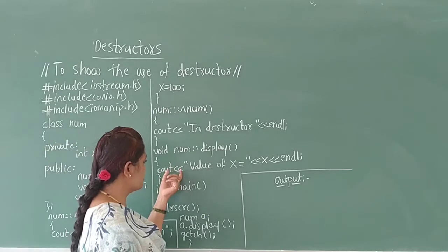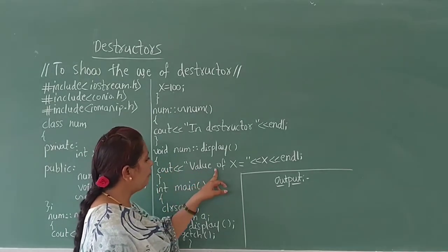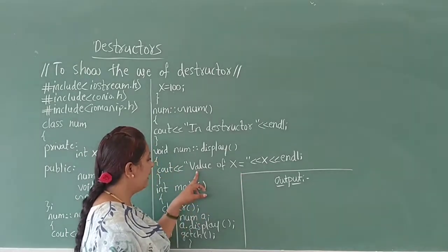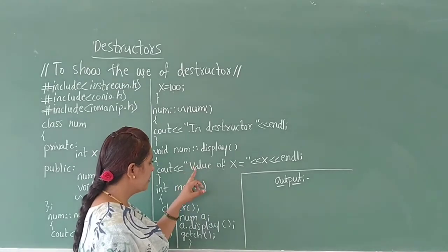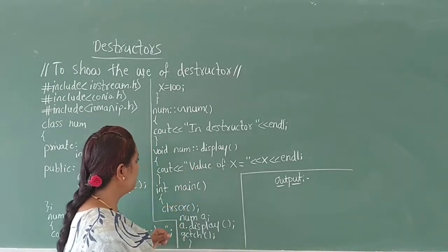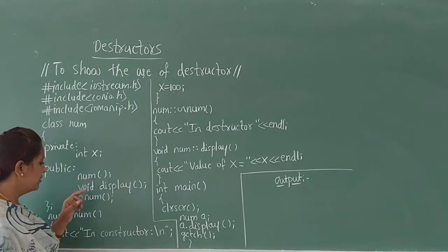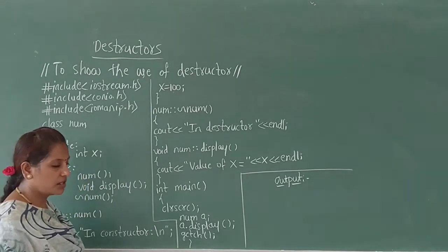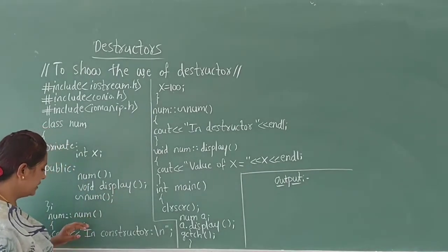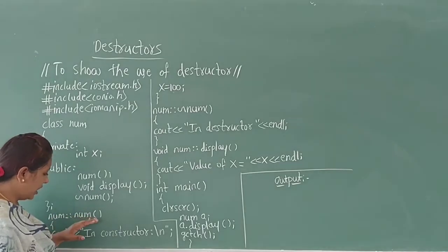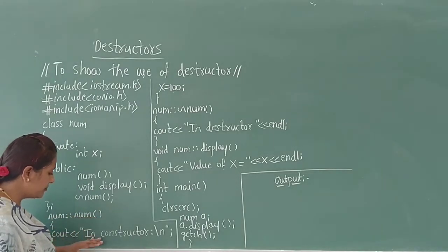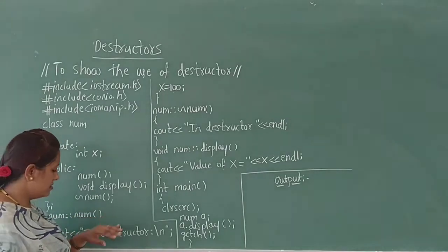Next, the executable statement is "value of x is equal to". When this statement is executing, at that time the constructor num is called automatically. Then the control connects to the constructor and executes the following statements.